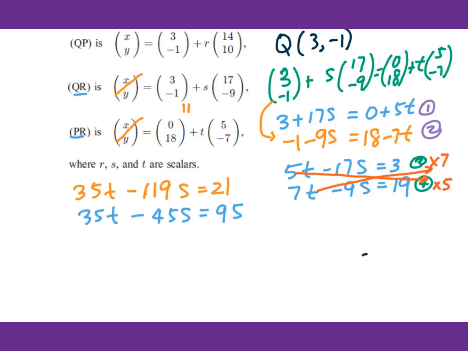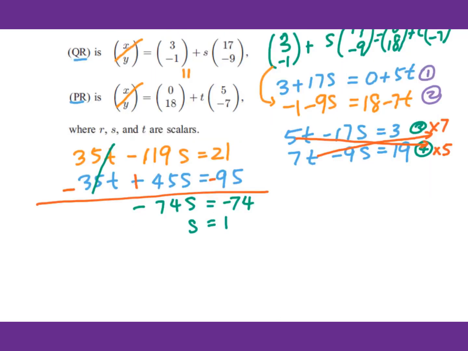We need opposite variables, therefore I change the sign, negative, positive, negative. Then we add together, so that we get rid of t, and you will get negative 74s equals negative 74, s equals 1.